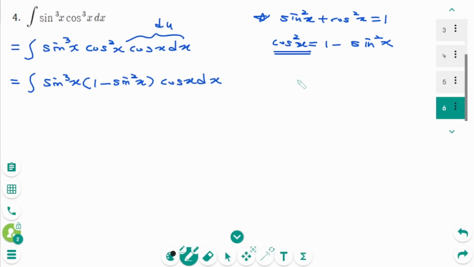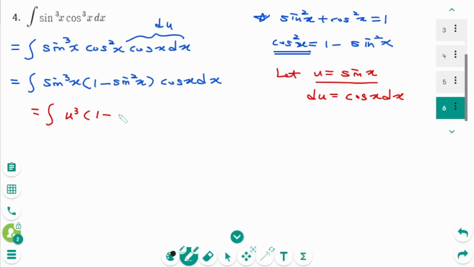Then use u substitution. Let u equal sine x, then du equals cosine x dx. Back to the original. The integral of, u is sine, then u cubed times 1 minus u squared, then du.